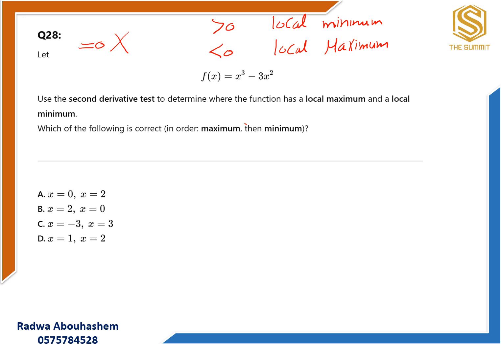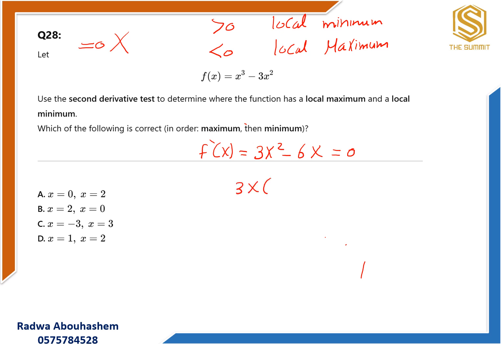So let's try here. We're going to follow the same steps I explained before. Let's take the derivative: 3x power 2 minus 6x. Then we put it equal to 0 because we know that at these points the derivative would be 0, to solve for x.